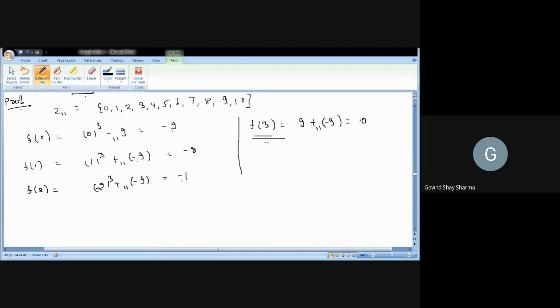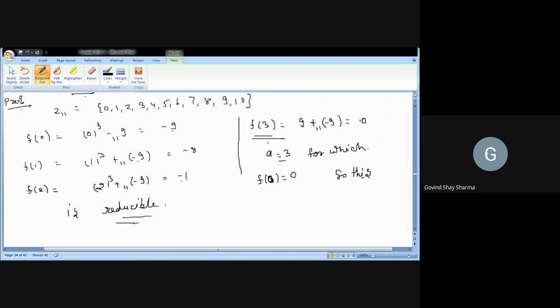We find here a equal to 3, for which f(3) is equal to f(a) is equal to 0. So this is reducible. You see? This is the method to find whether a polynomial is reducible or not.